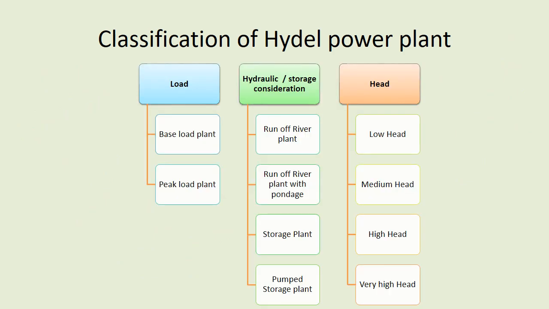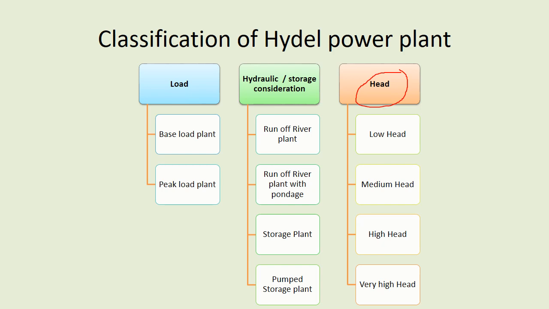The next classification is based on the height or head of the dam. Okay, so as we have already told you, there are different heads: low head, medium head, high head, and very high head. Now here we will be discussing first the range of head. First is your low head. Particularly in this dam, the water level is made less than 15 meter.